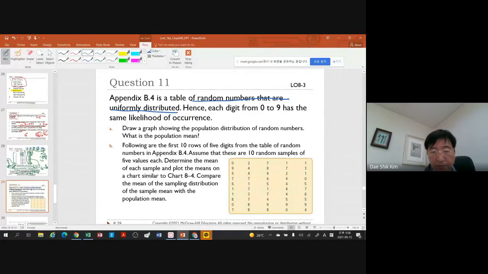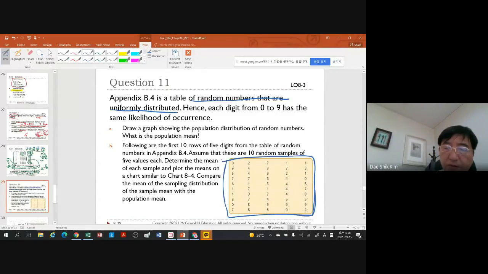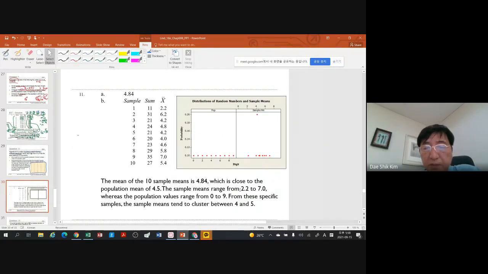What is the population? This table is given in our textbook, and when you choose 0 to 9 and plot, every number has equal probability, 0.1.